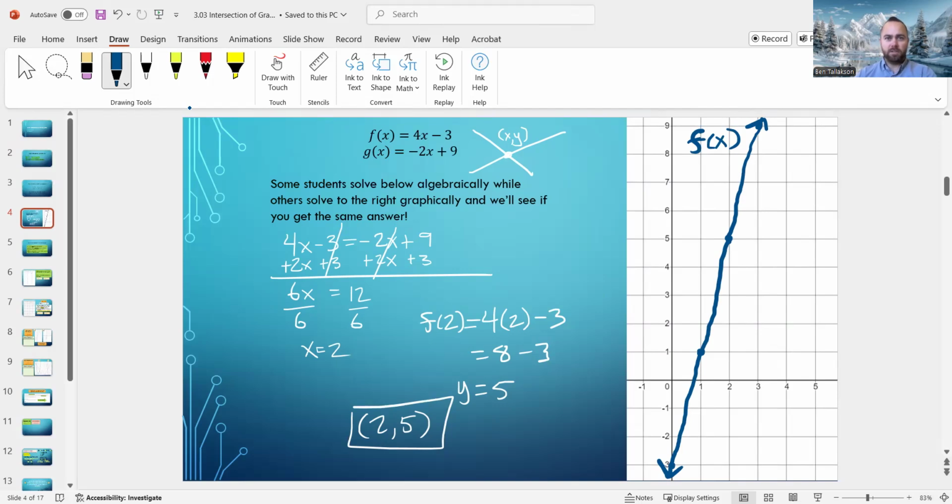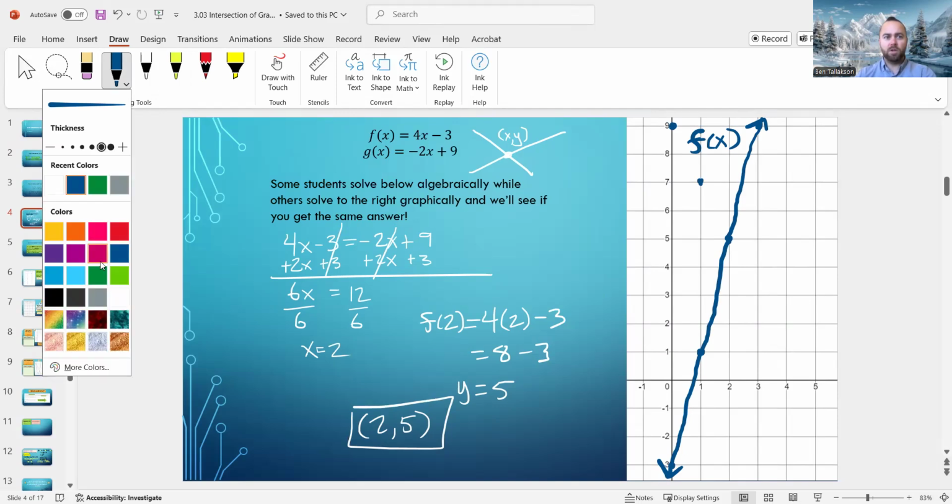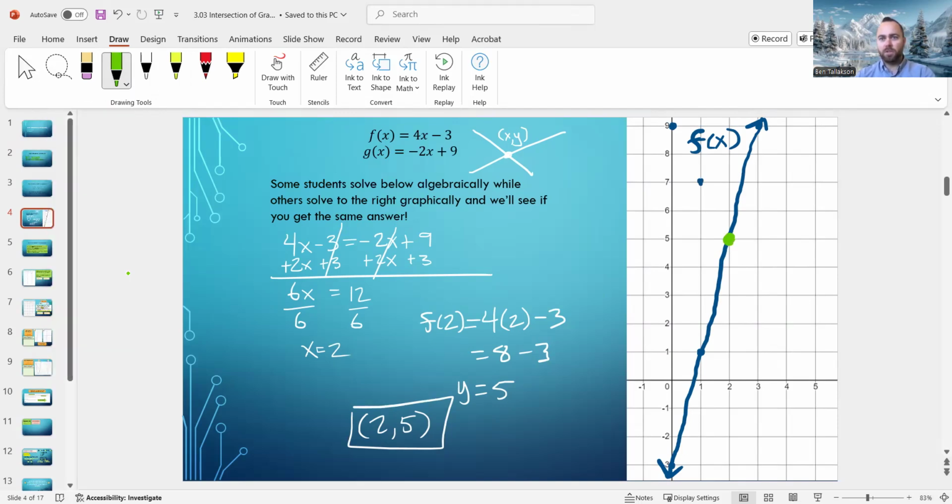Okay, g of x, y-intercept of 9, way up here. Slope of -2. So down 2, right 1, down 2, right 1. Bingo. Let's use a different color to really show what we have here. That is our solution to the system. 2, 5. That is exactly what we got before. So we're looking in good shape.